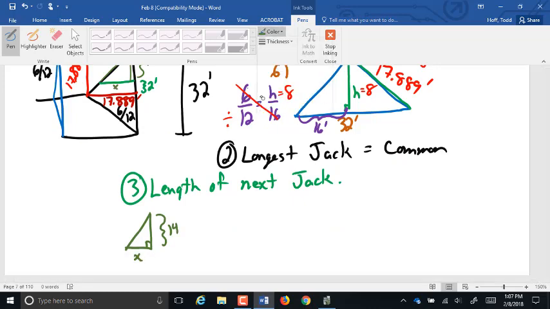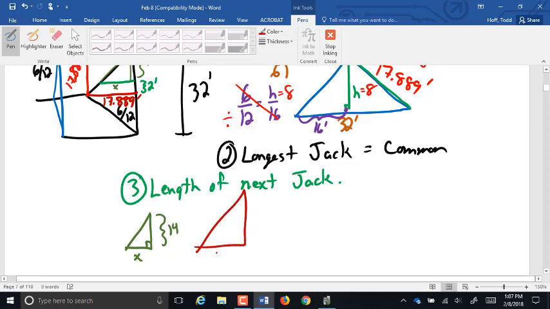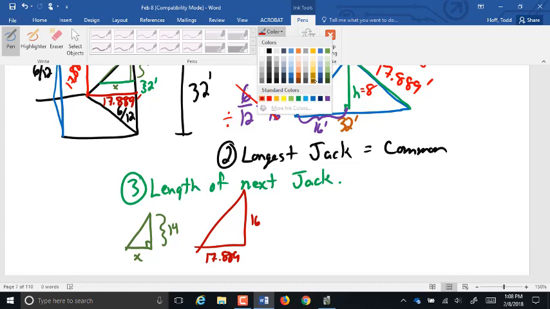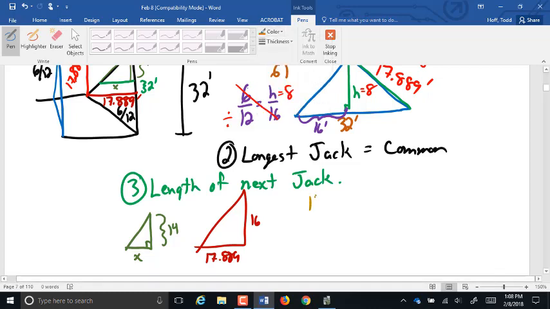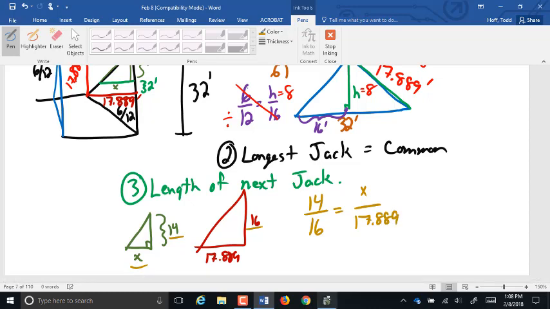And I'm going to compare that to that bigger triangle where this was 17.889 and this was 16. So I can find the length of that next jack by using that portion. 14 is related to 16 as x is related to 17.889.